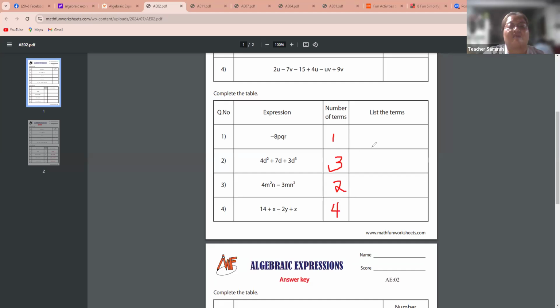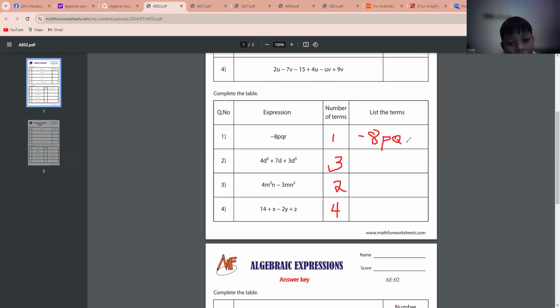Okay, how about the terms? What are the terms for number 1? Minus 8pqr.